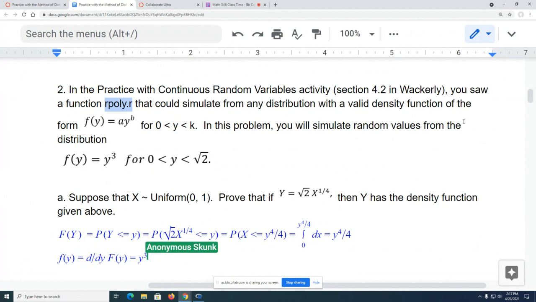Random variables are switched, yeah. Because the idea is that you start by writing the probability that y is less than or equal to little y as the probability that square root of 2 x to the 1/4 is less than or equal to little y. Is that big Y?